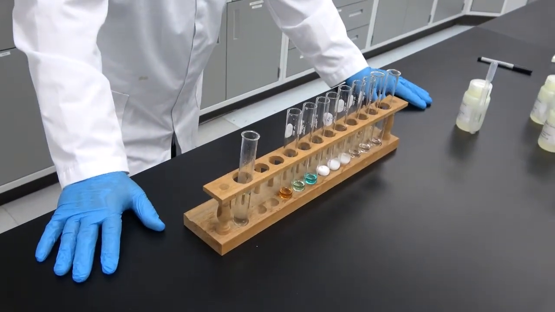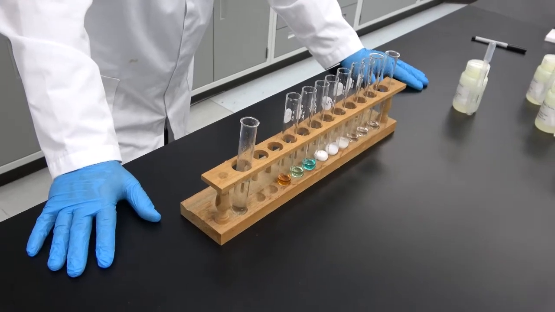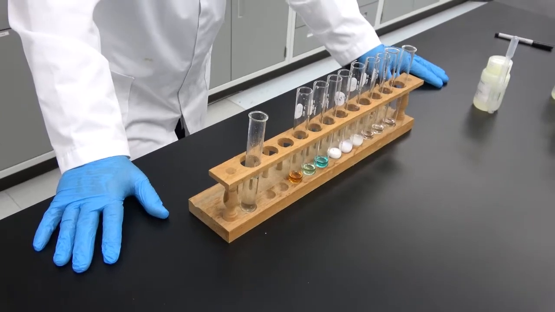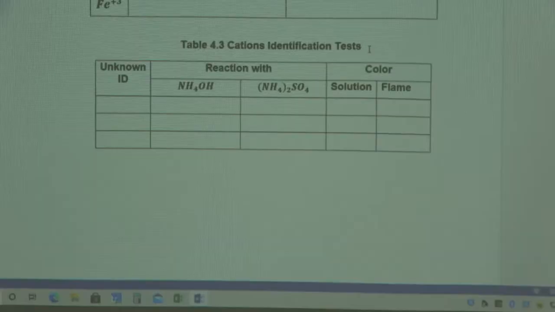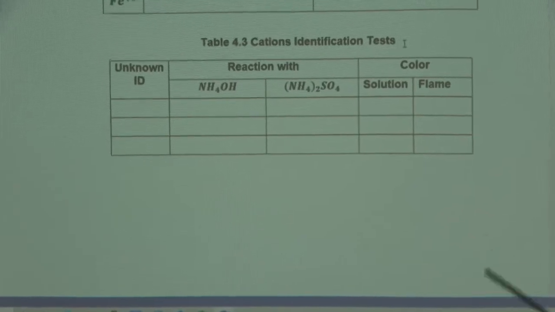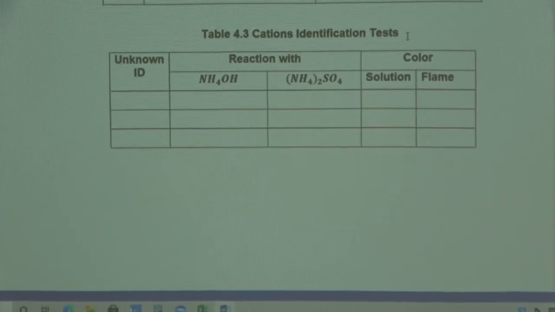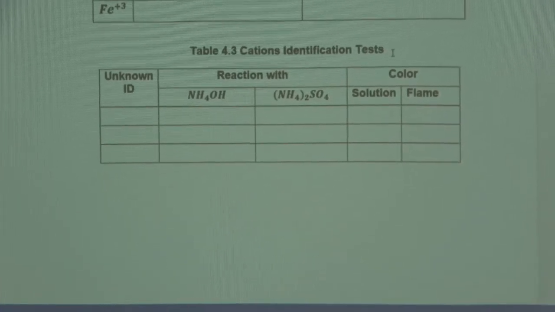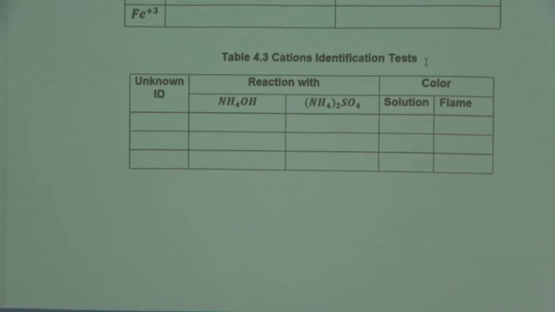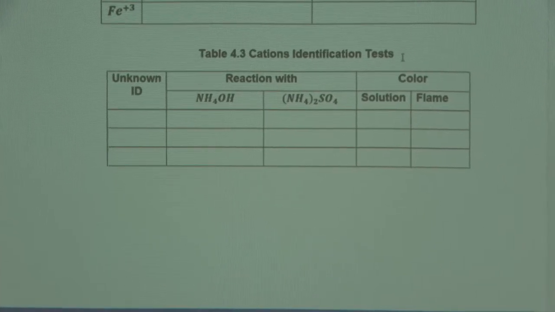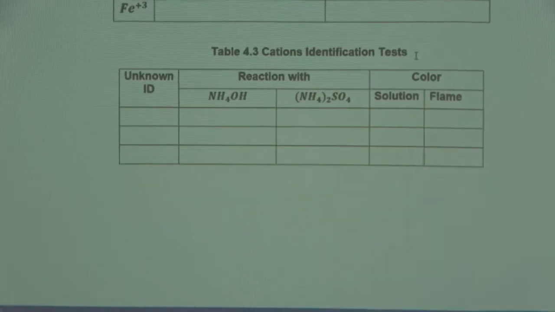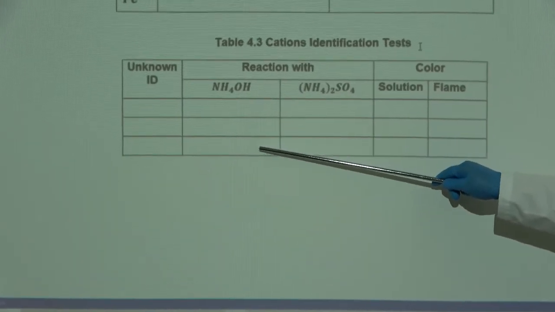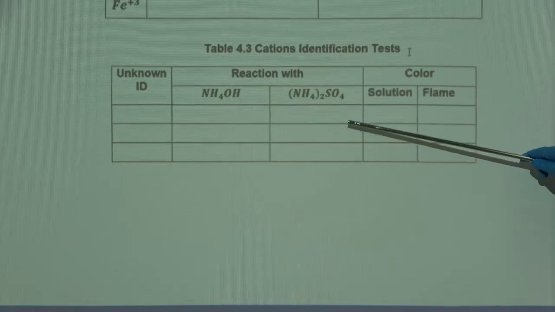The last part of the lab has to do with the identification of 3 unknown samples. As I said before, the last part of this experiment has to do with the identification of unknowns. What you have to do now is, for each one of the unknowns, we're going to perform a reaction with ammonium hydroxide and a reaction with ammonium sulfate.